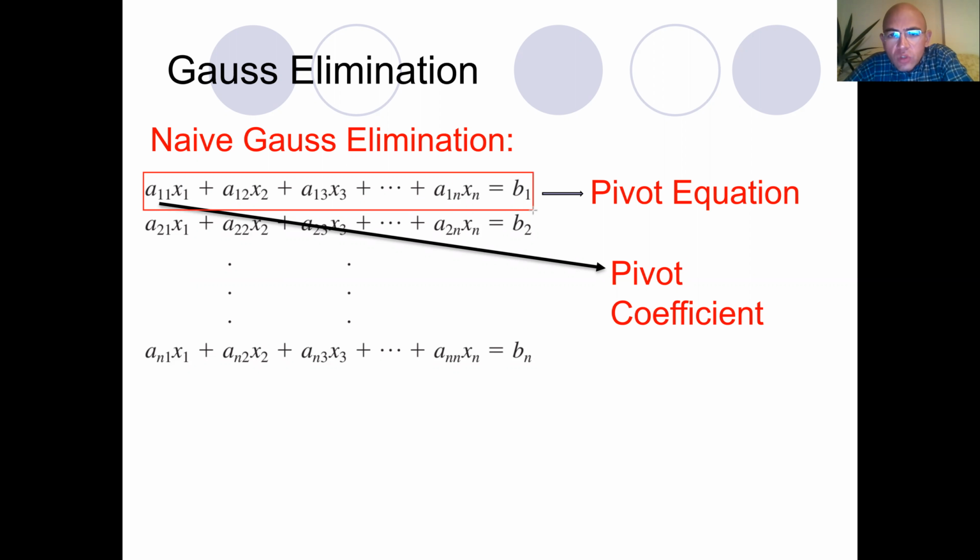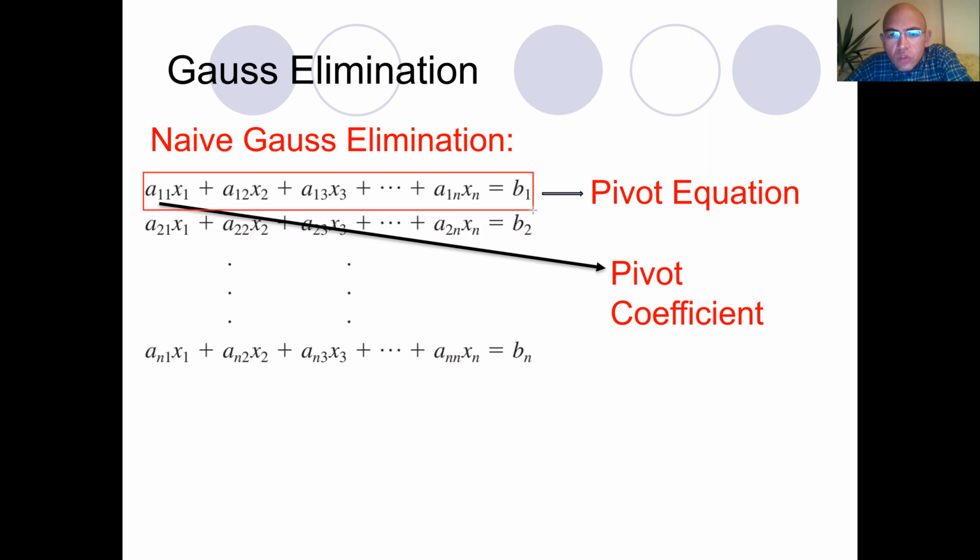The coefficient of the unknown that we choose is called the pivot coefficient. So we have the pivot equation, in this equation we choose one of the variables, let's say x1 in this case, and the coefficient of it is a11, and this is the pivot coefficient.